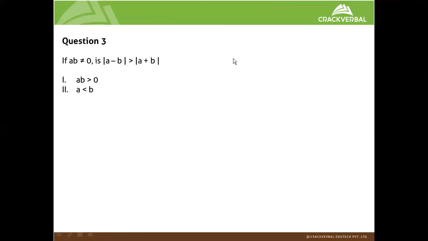Why would I combine the statements? See, when I'm combining the statements here, it's because we need to use both statements simultaneously, right? You combine the statements when you eliminate the two statements individually, right?